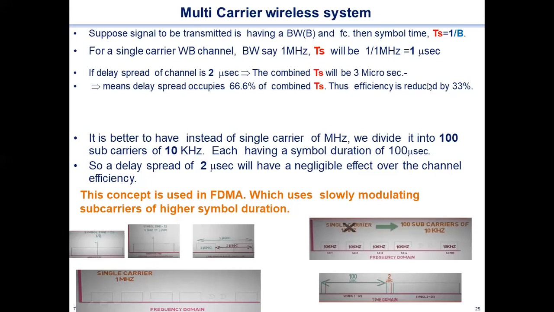The original time period of the symbol is 1 microsecond. If there is no delay, it would reach at 1 microsecond. But because of the delay spread, because of the multiple paths, it is received after 2 microseconds. So there is a spread in the symbol time. The total spread is 1 microsecond plus 2 microseconds, which corresponds to 3 microseconds. That means, because of the delay spread, it occupies 66% of the combined TS. You can see here.